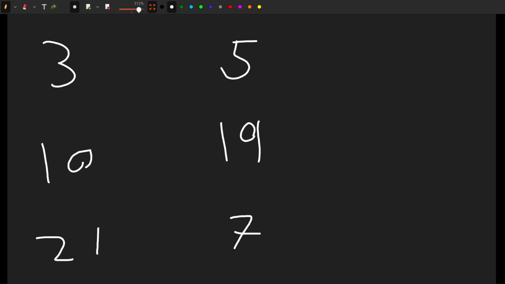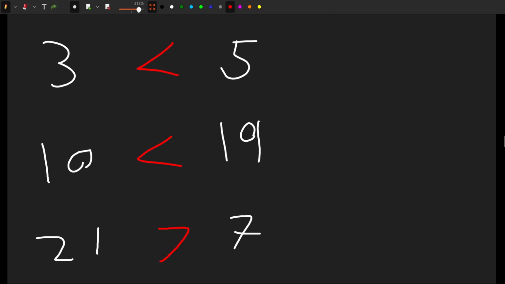Looking at these, 3 is less than 5, 10 is less than 19, and 21 is greater than 7. And so those are inequalities.